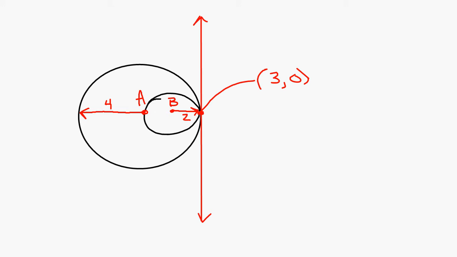The equation of a vertical line at 3, 0 would be x equals 3, wouldn't it? All vertical lines are x equals lines. All horizontal lines are y equals lines. Okay?